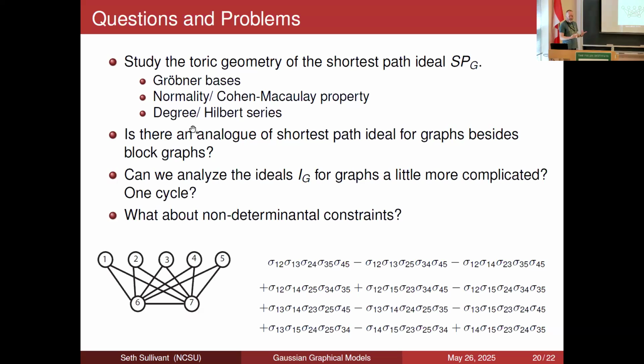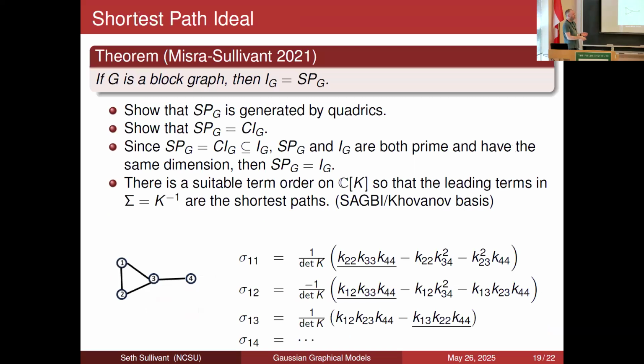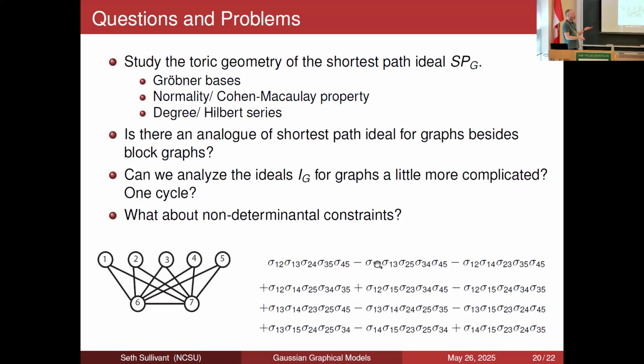But then there are interesting questions like: you could try to come up with a shortest path degeneration of your parameterization like this, even if it's not a block graph. Does that give you anything useful for these vanishing ideals? Maybe something nice happens there.